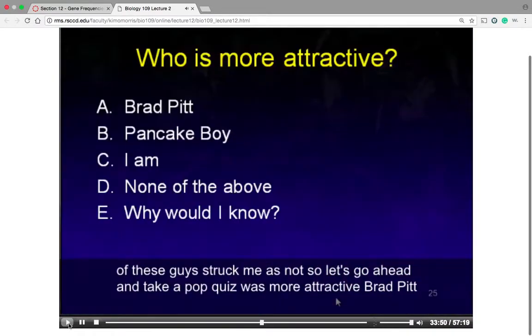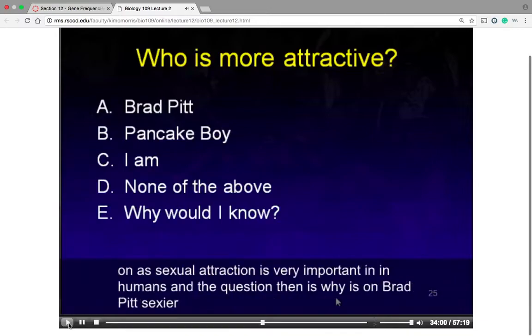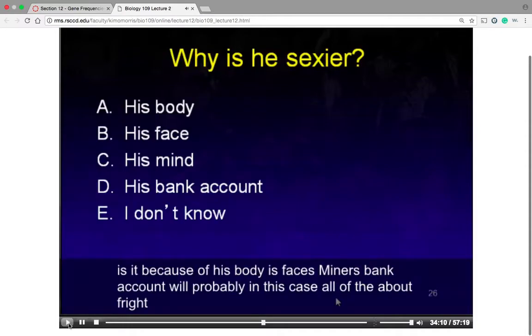Who's more attractive, Brad Pitt, Pancake Boy, or who knows? Well, obviously, it's in the eye of the beholder, but for the most part, sexual attraction is very important in humans. And the question then is, why is Brad Pitt sexier? Is it because of his body, his face, his mind, or his bank account?